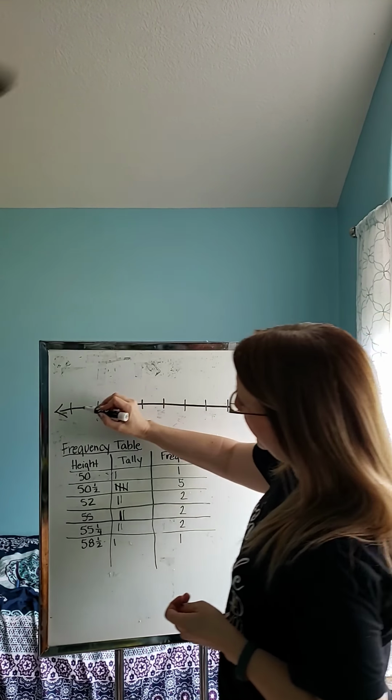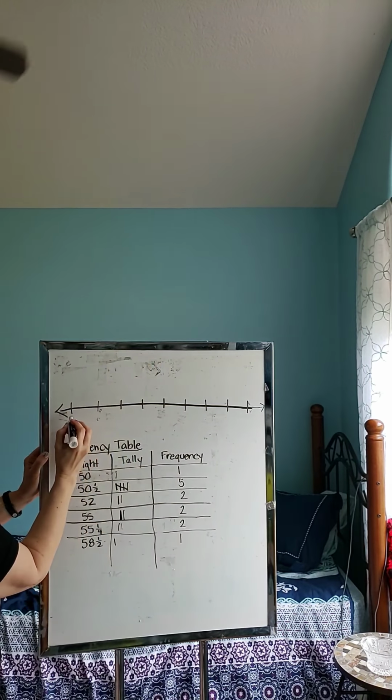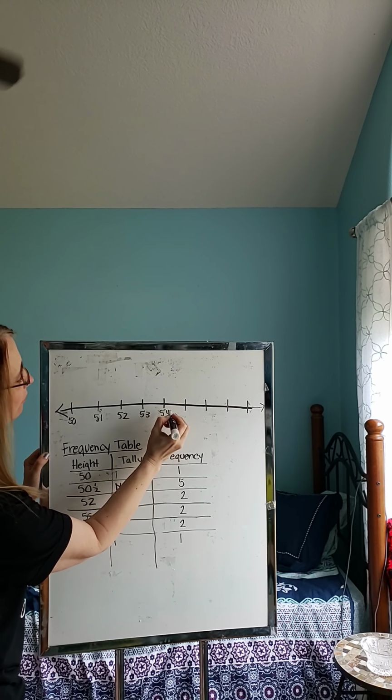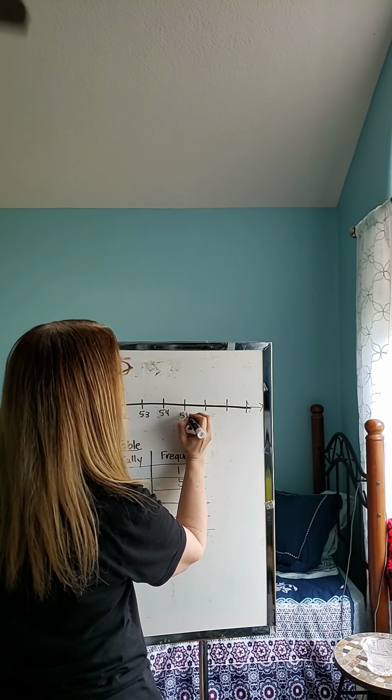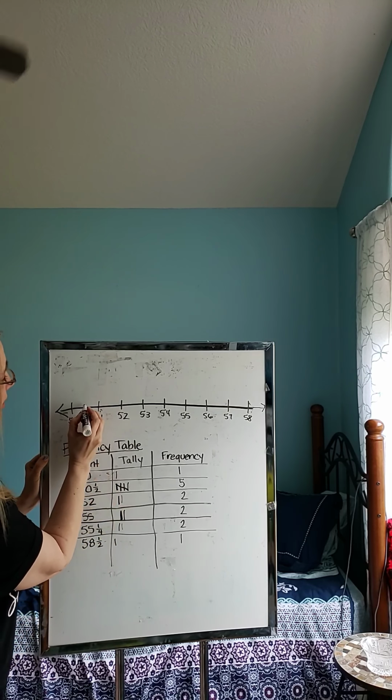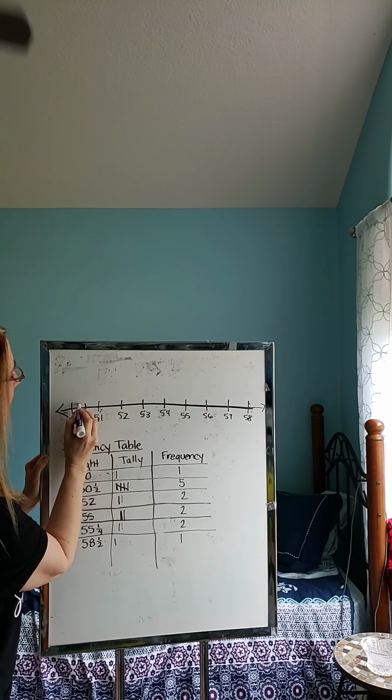And then we're going to go back, come over here. 50, 51, 52, 53, 54, 55, 56, 57, 58. Now we've got 1/4 inches on here, so this is going to be 50 1/2. Then we'll divide that.